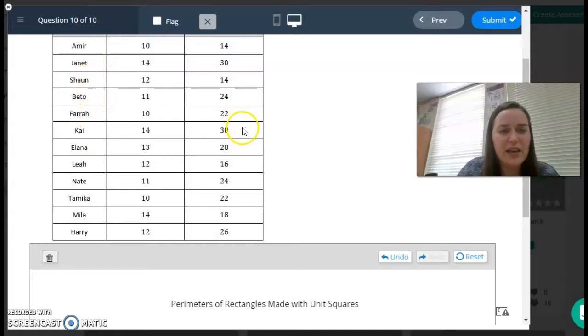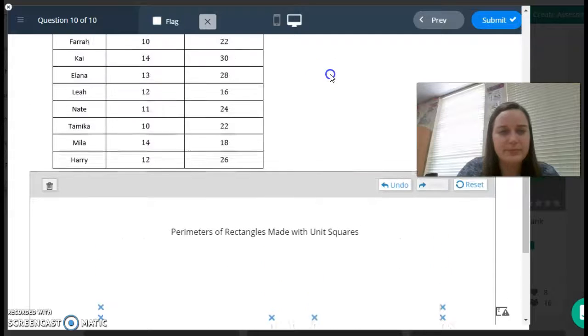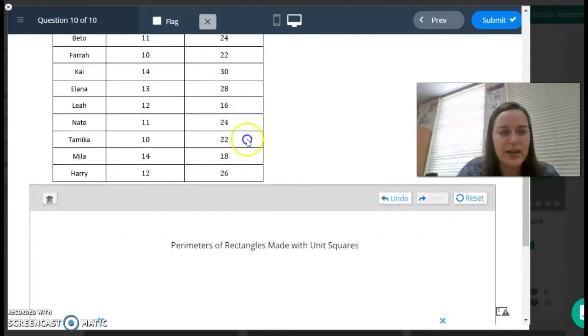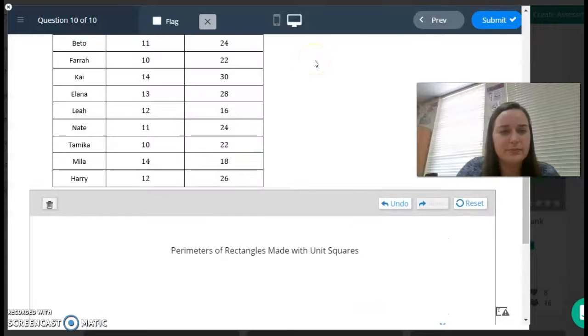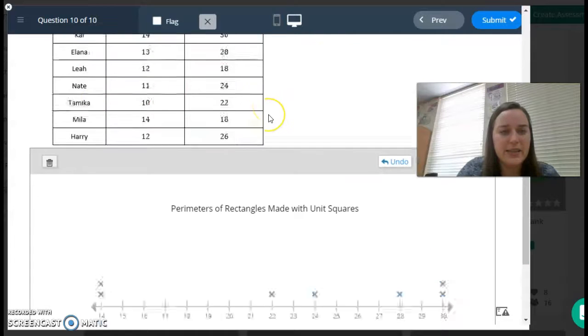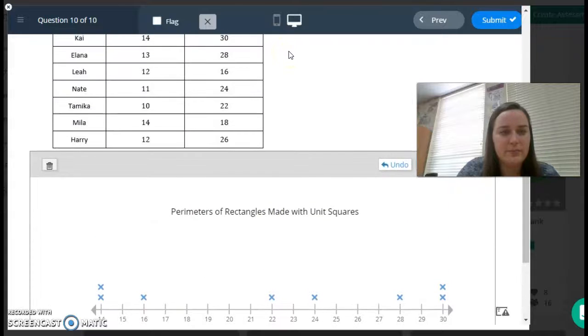So now we're on Kai. He has 30. Elena has 28. Leah has 16. Nate has 24. Tamika has 22.